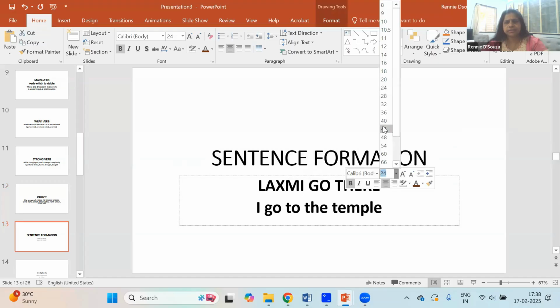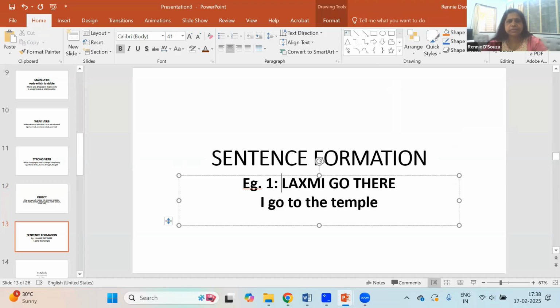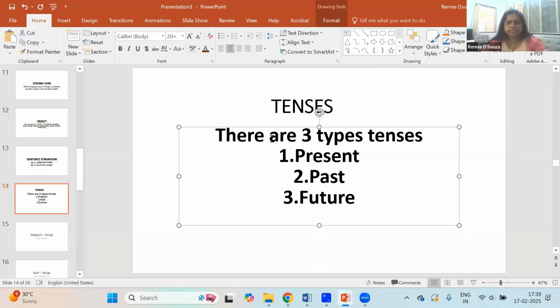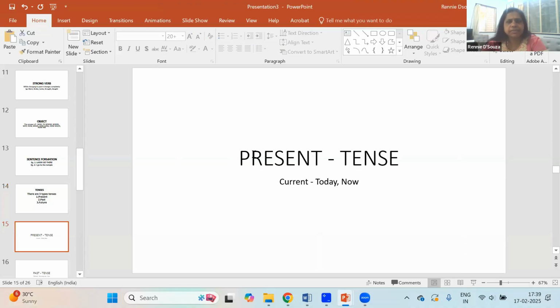First is the subject, then the verb, then the object. Here we have seen Lakshmi is the subject, I is the subject, go is the verb, and the third part there, and in the second sentence we have seen to the temple. That means subject, verb and object, the combination of these three is called sentence formation.